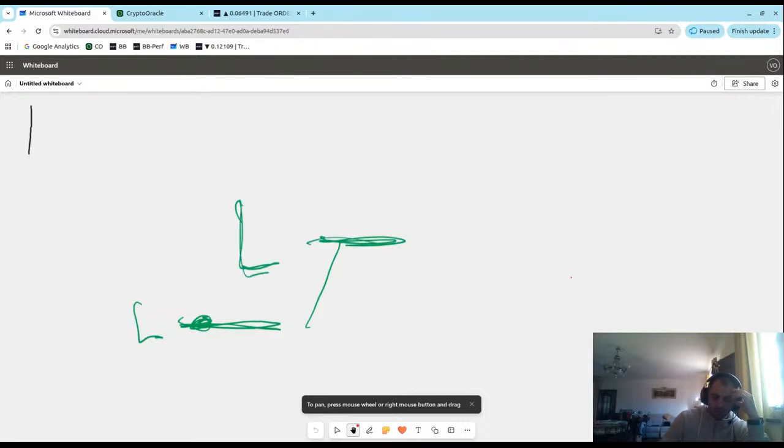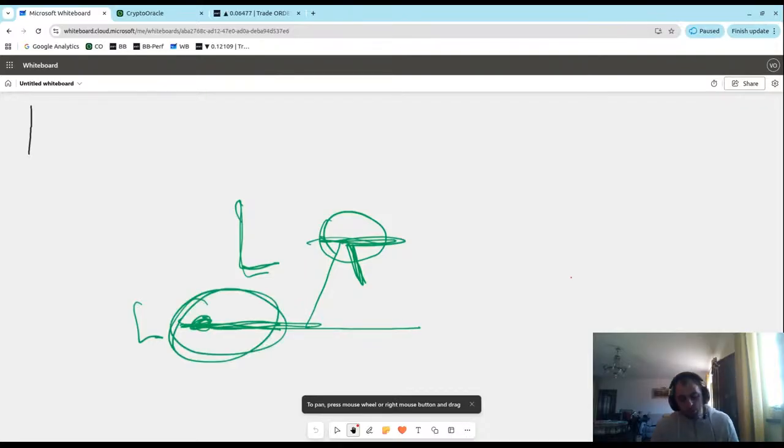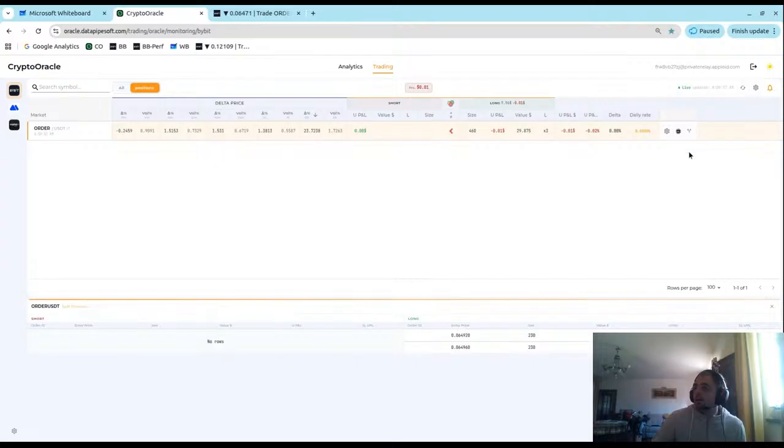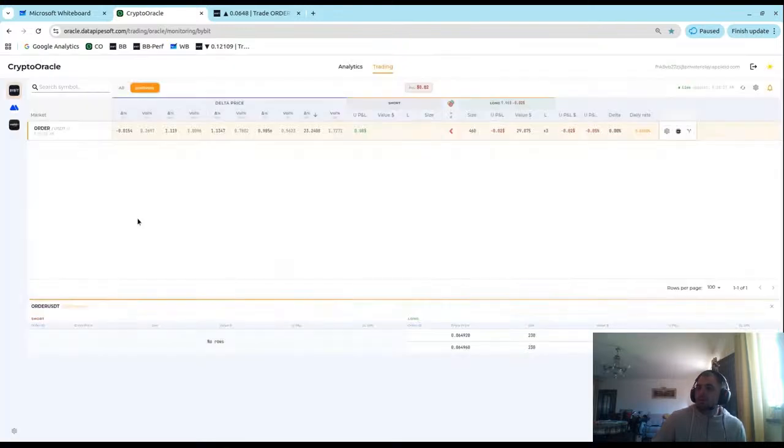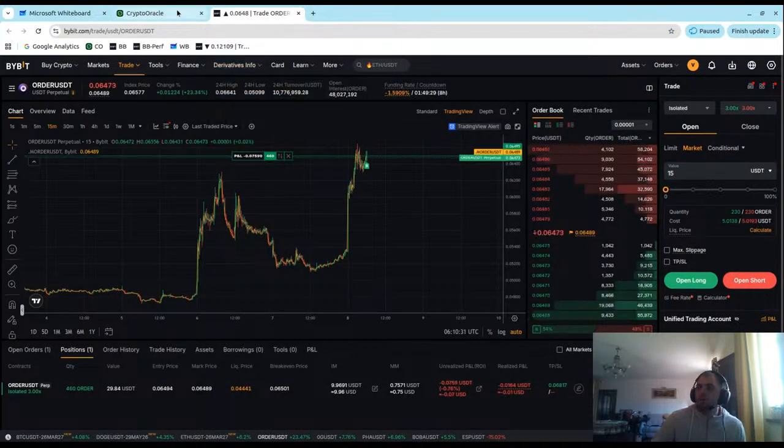So price returns here, so this position is underwater, but this one is still profitable, so we can close that one there. But when it goes up, let's say you open long here, chase short, let's say chase long means the following.